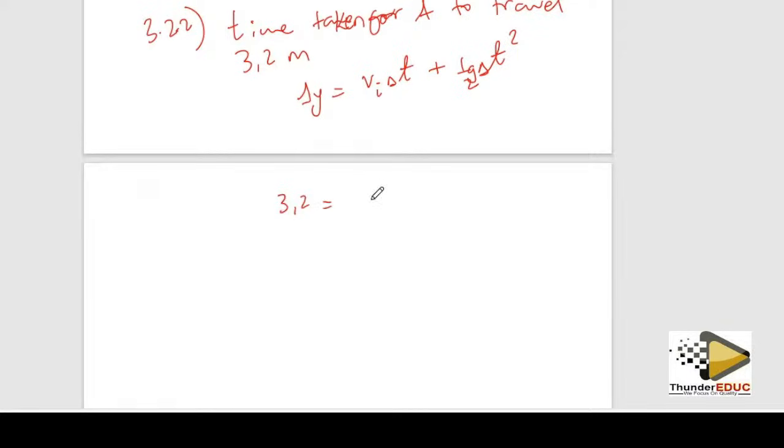That is a 0 plus, remember object A is going down, so I'll still take my g to be positive. So that is a half times 9.8 delta t squared. Then I'll have 3.2, I'll divide it by 4.9 is equal to t squared. And then I'll take square roots.